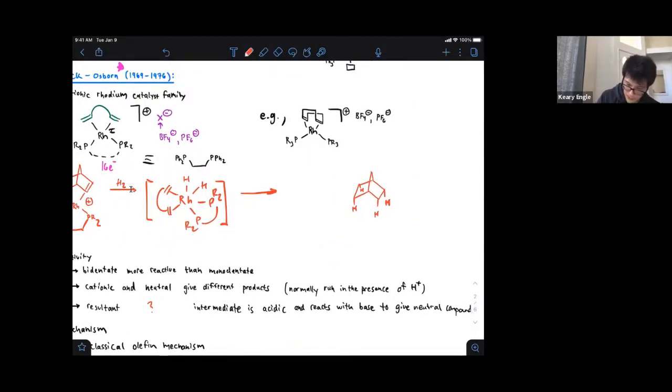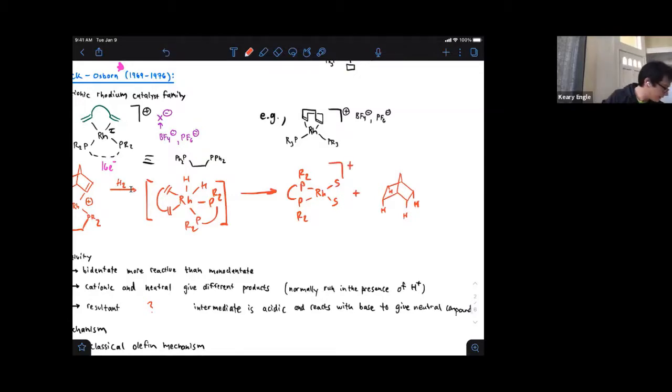And then your propagating catalyst would now be, I'm writing in shorthand here just to save time, with 2 solvent molecules that I'll draw as S, still in cationic form.